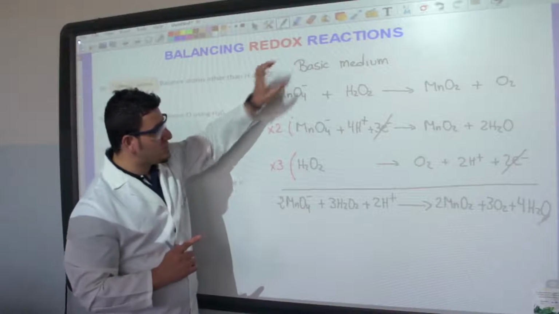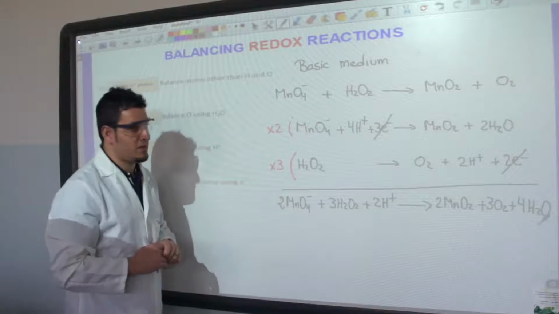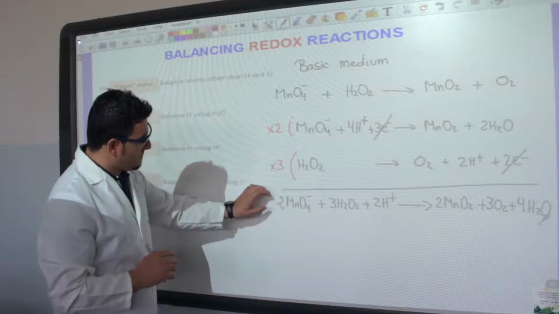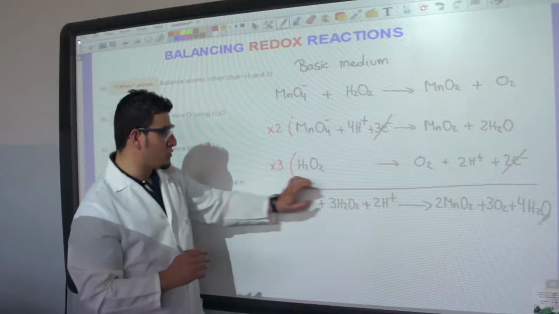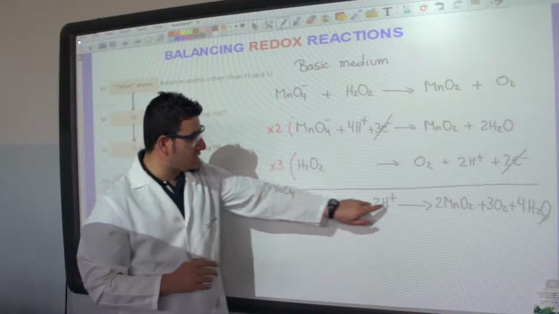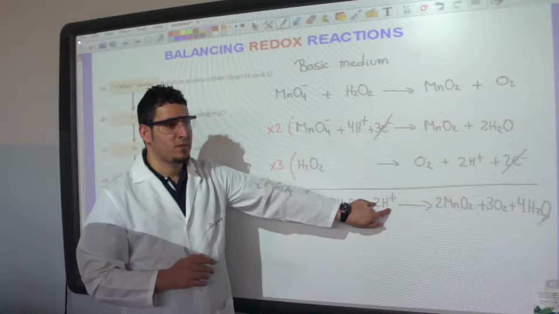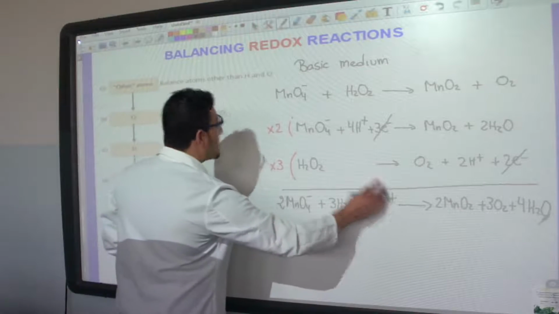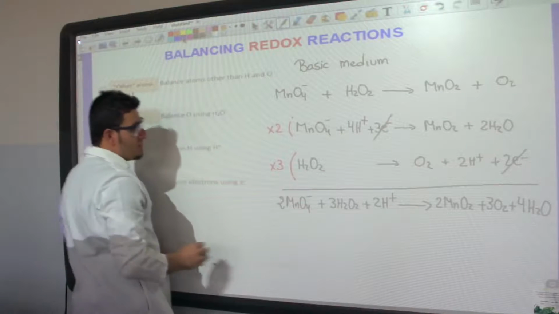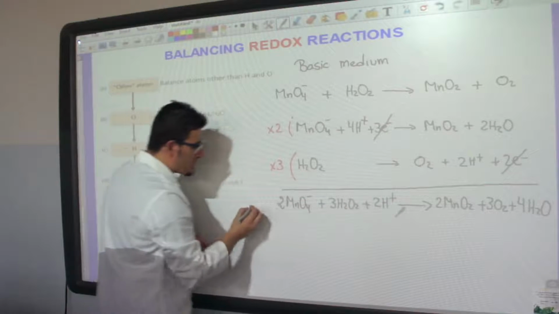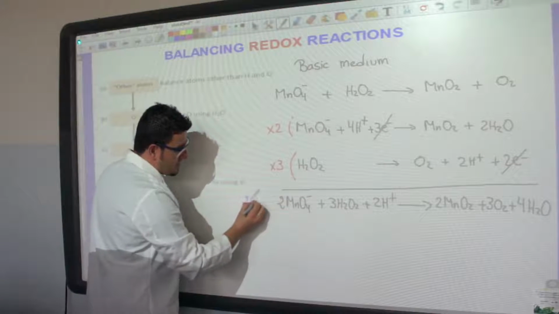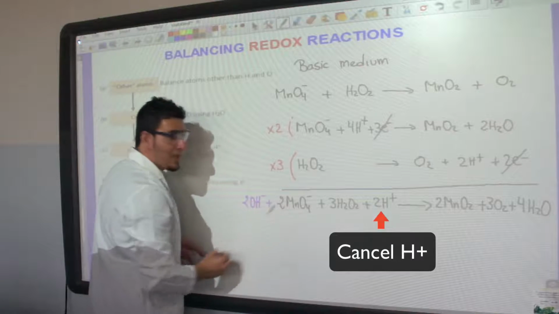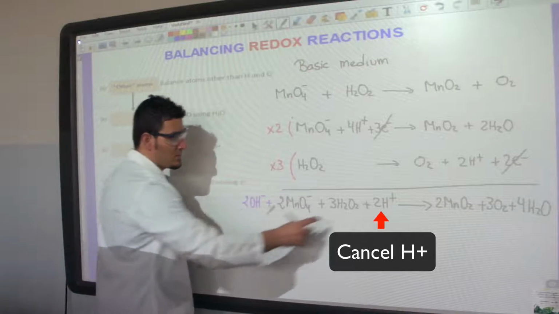For the basic medium, I said I will add 2 extra steps. For this reaction to become in basic medium, I should not see any H plus in it. So in this case, what I can do, if I have 2 H plus here, I will be adding 2 OH minus to cancel out the H plus. Okay?